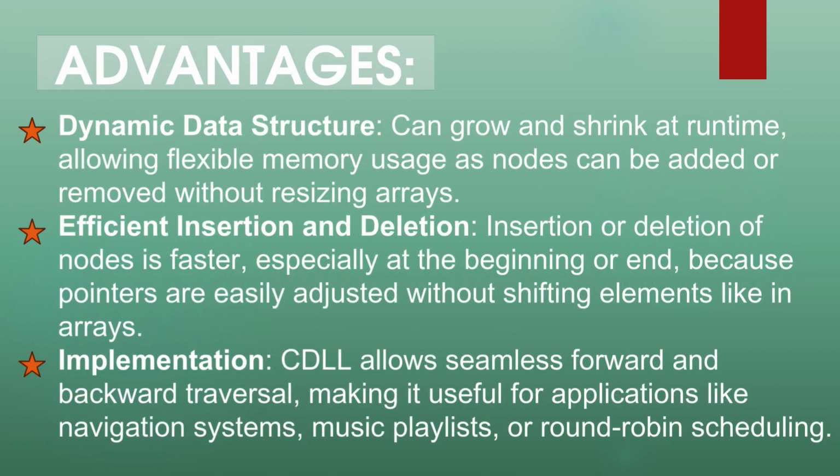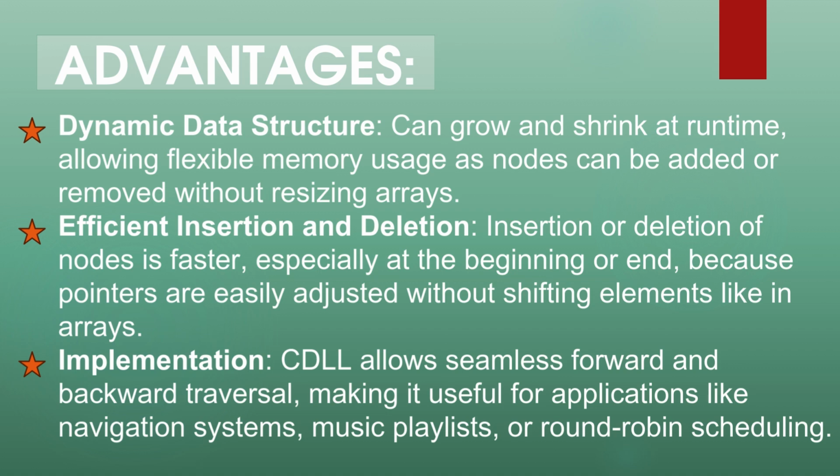Now we will see the advantages of the circular doubly linked list. It is a dynamic data structure that can grow and shrink at runtime, allowing flexible memory use, as nodes can be added or removed without resizing an array.